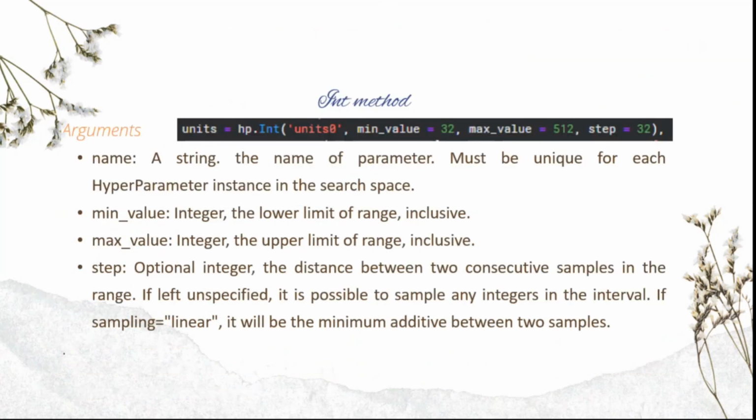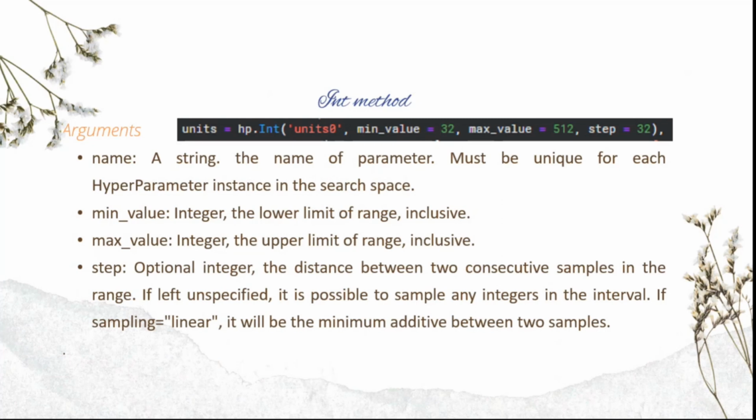And the last method is the int method. The name of this method is a string, and it also must be unique for each hyperparameter instance in the search space. The min value and the max value have the data type integer, and min value is the lower limit of the range, exclusive, and the max value is the upper limit of the range, inclusive.